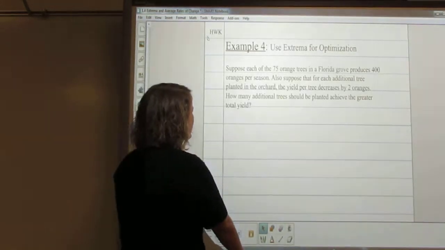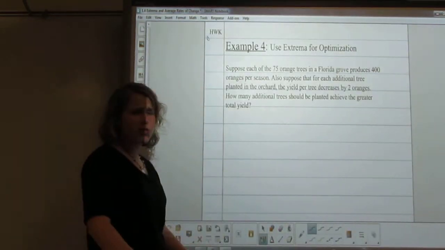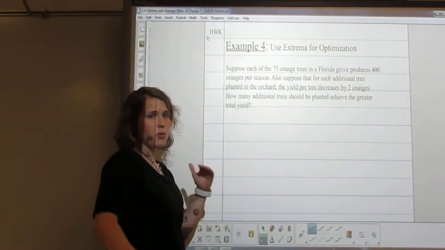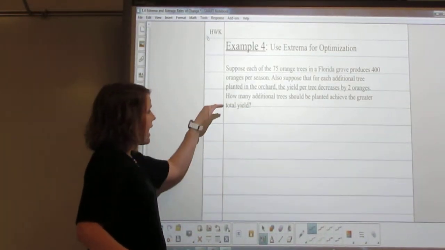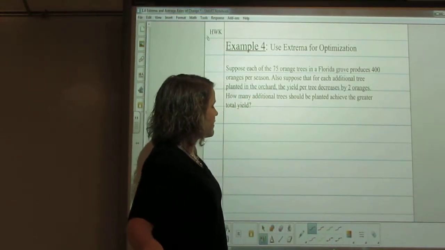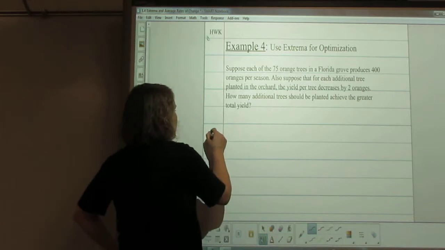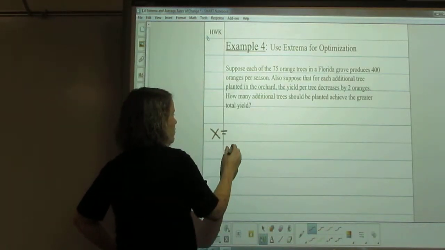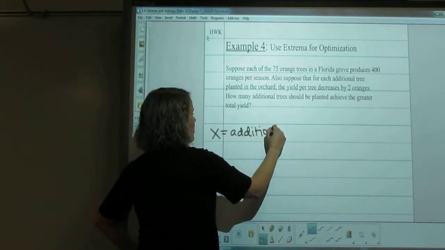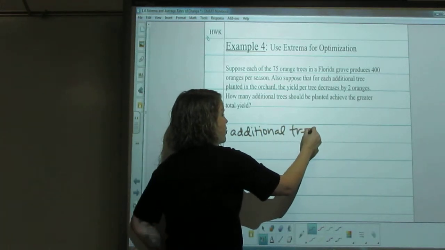All right, so the very first thing we should ask ourselves is, what is it asking for? We want to know what the question is asking. So how many additional trees should be planted to achieve the greater total yield? So we can just say x equals our additional trees. That's what we're trying to find.